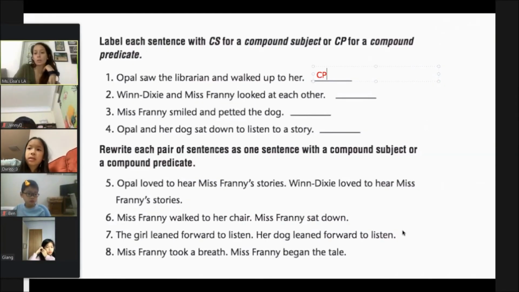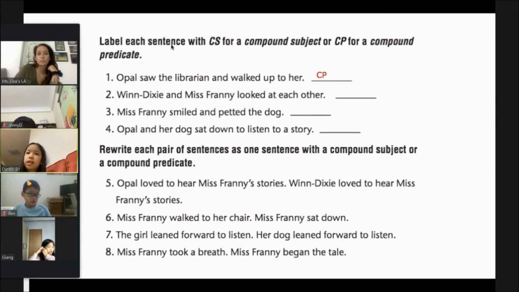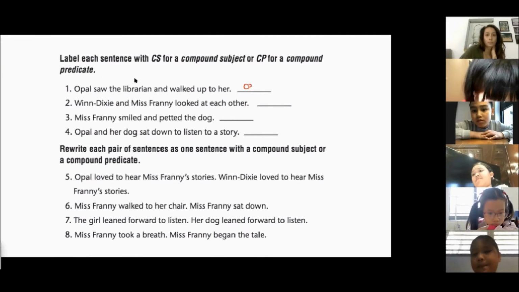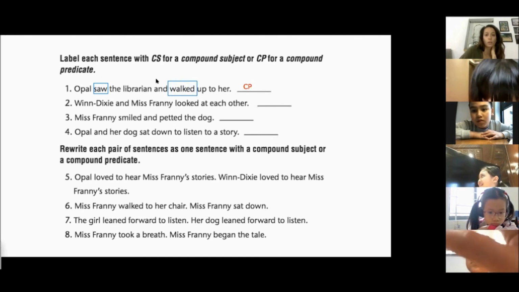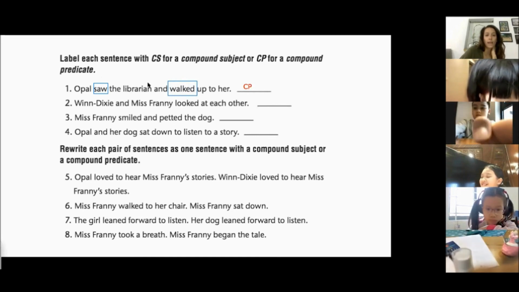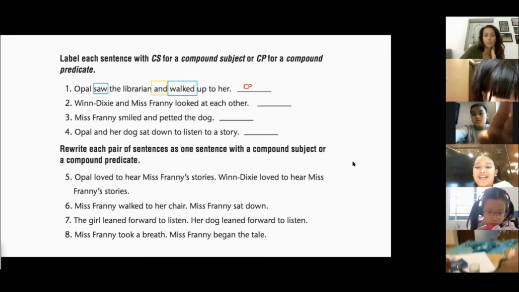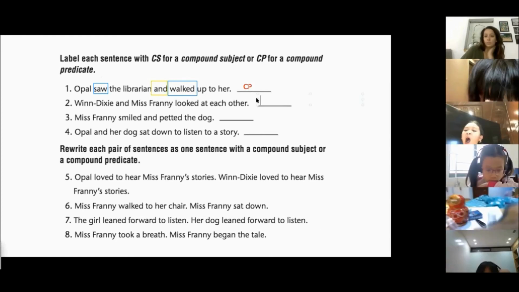She saw the librarian and then walked up to her. Saw. Walked up. Do we have a joining word? And. Okay, good job.